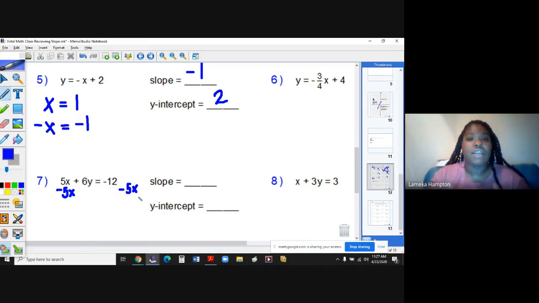So those are unlike terms. You cannot add or subtract unlike terms. That's why I have it written off to the side, and that lets me know that I cannot add or subtract.